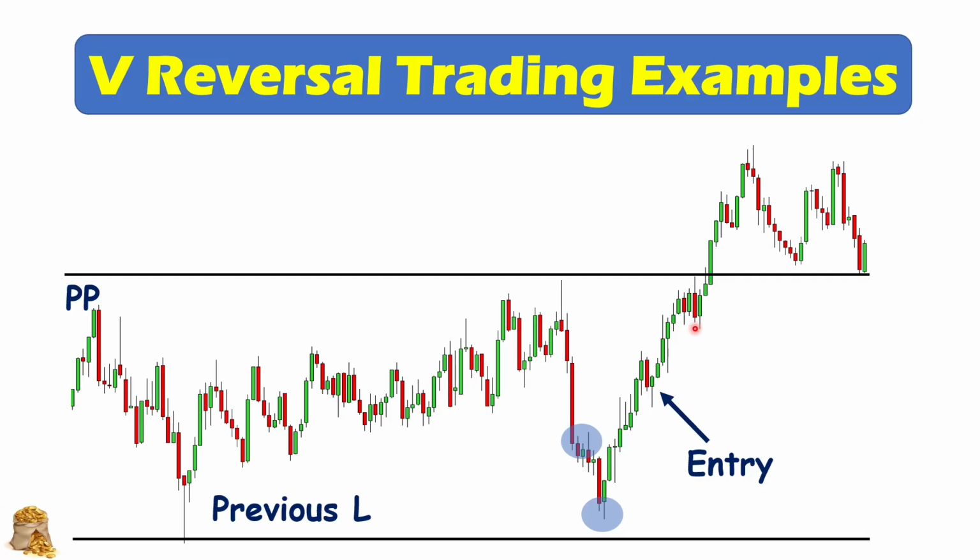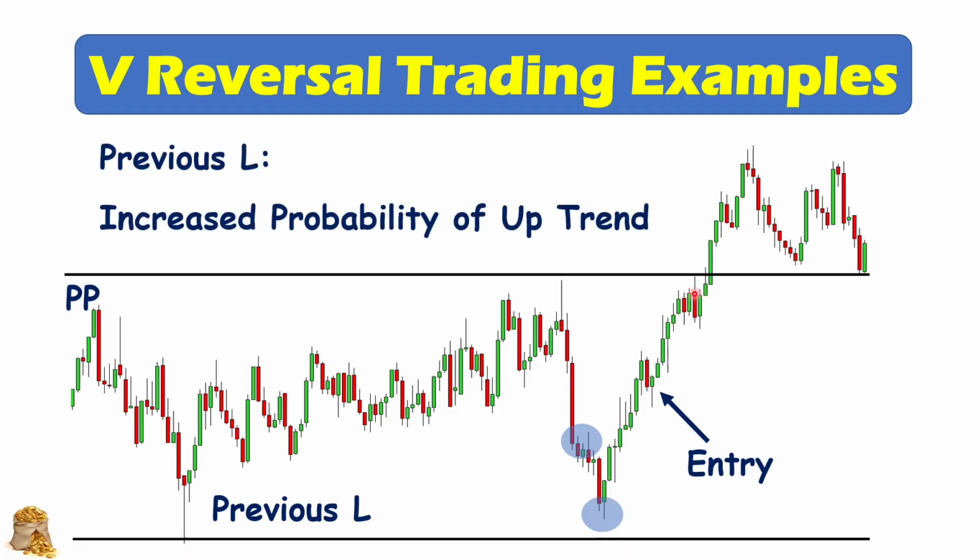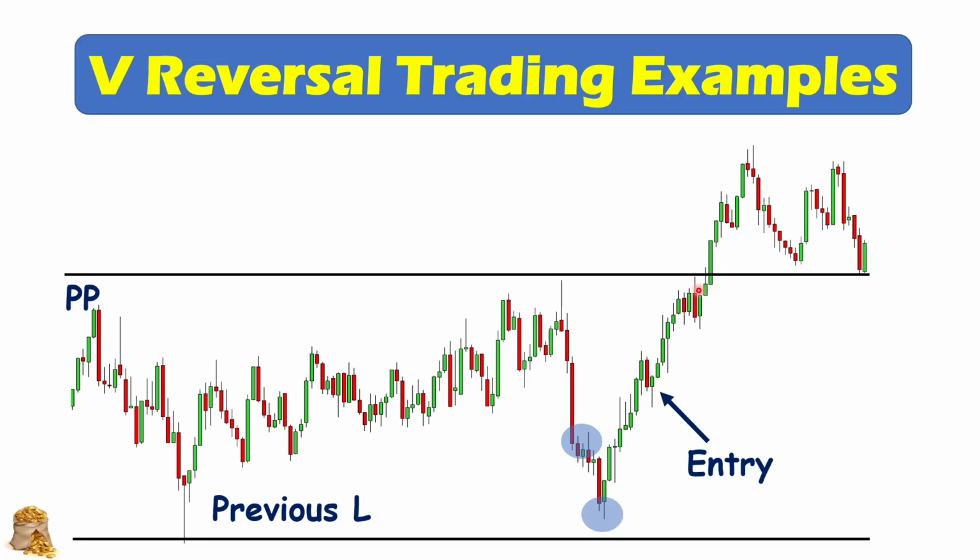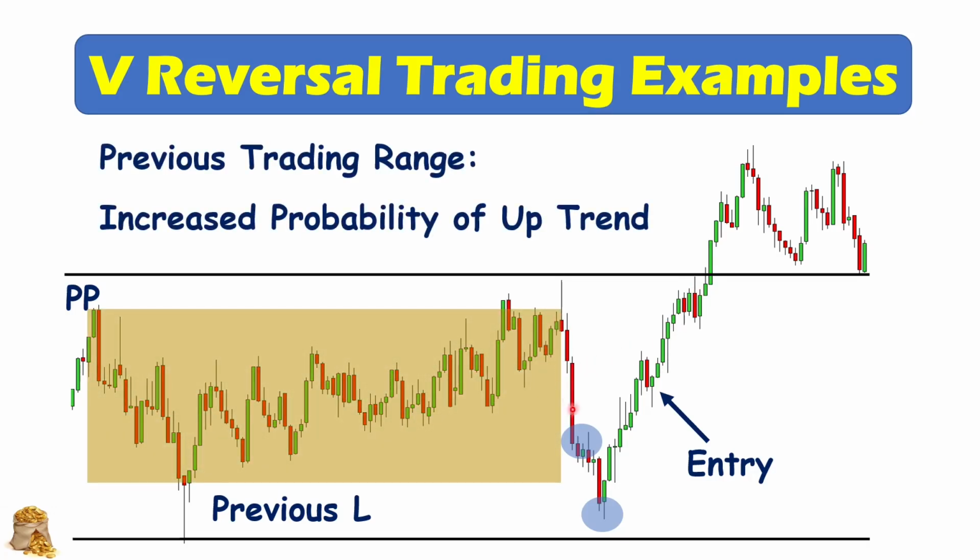Why does it go even further? We could have some clues here. The first thing is we have the previous low drawn here. This level, the market comes down to test this level but failed. That means this is a very good support level. We're expecting the market will reverse. This will increase the probability. And the second thing is, if you notice here, before the V reversal, we have a trading range here.